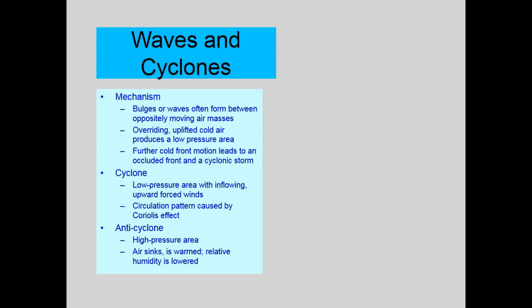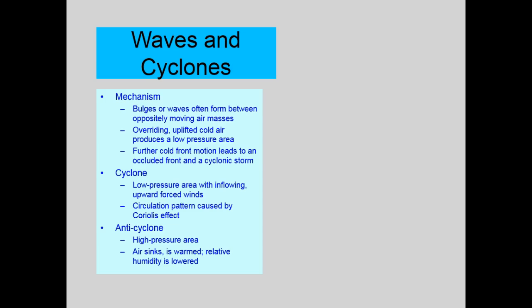Remember we had the illustration, the cold air pushing the warm air up and out, or the warm air sliding over the top of the cold air. Well, sometimes when those are happening, you get what they call bulges or waves, where it's an area where you have instability.